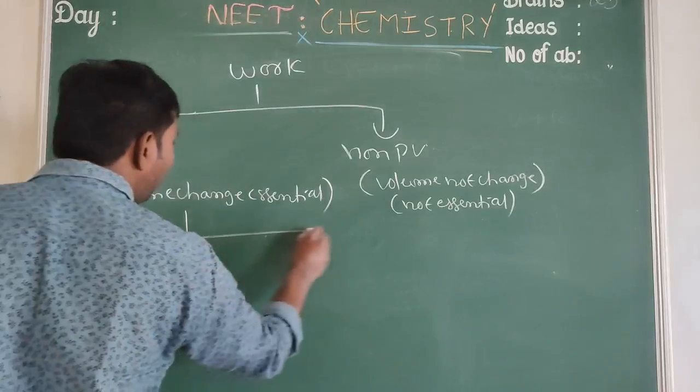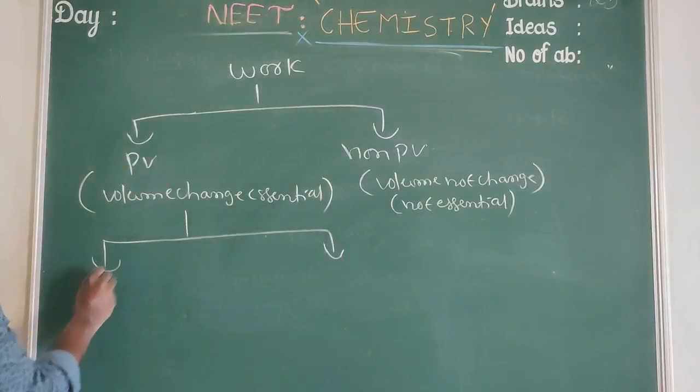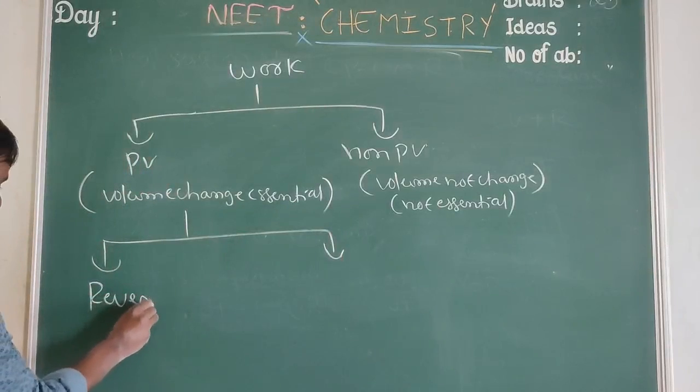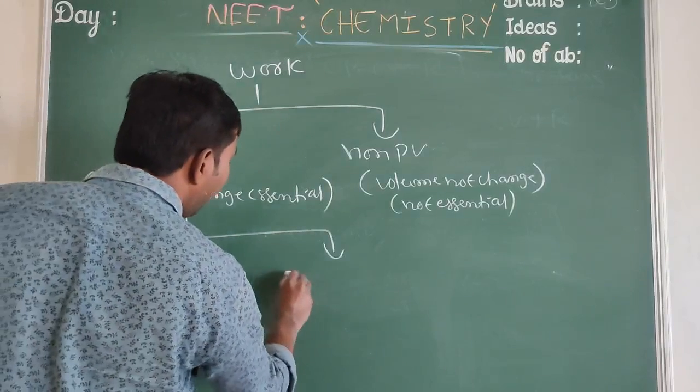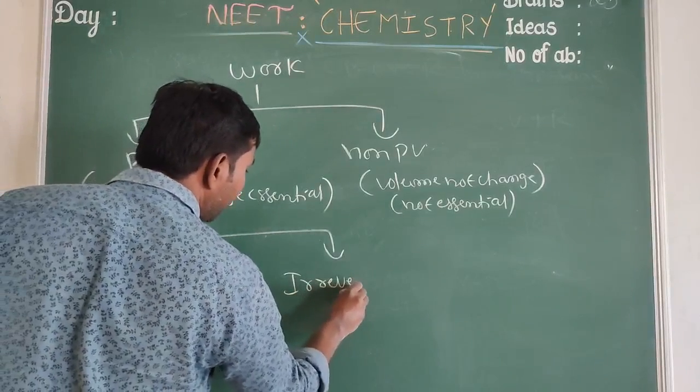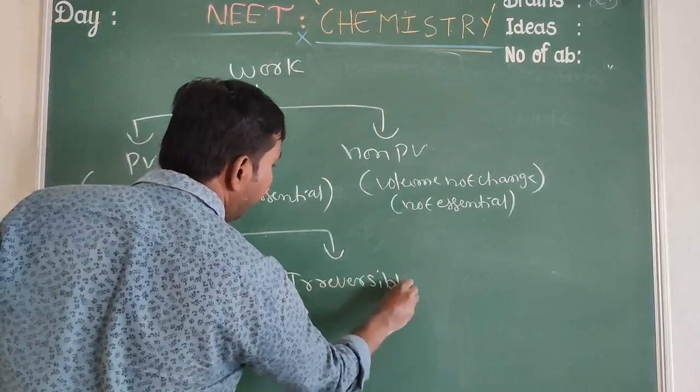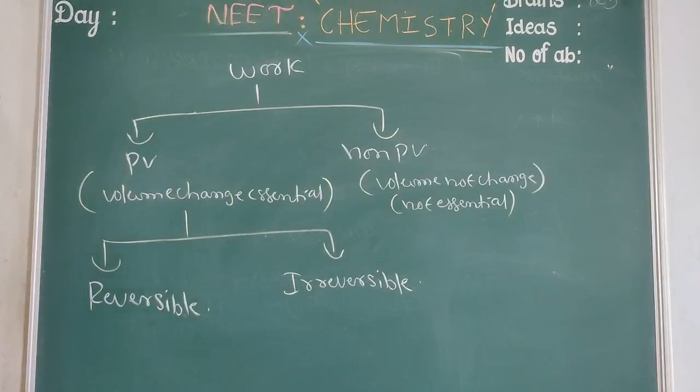Then PV work, where volume change is essential, has two types: reversible and irreversible.